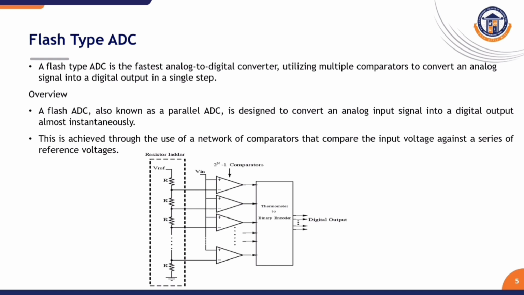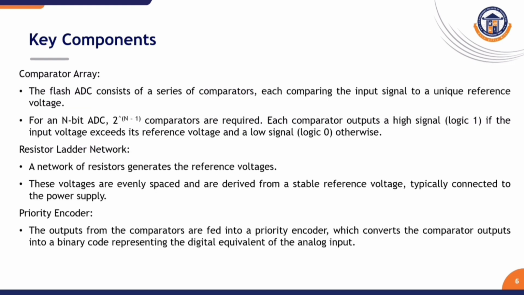As a result, the conversion is almost instantaneous, usually within nanoseconds. Here we have the main components of a flash type ADC: resistance ladder, comparators, binary encoder as well as the digital output. In the upcoming slides, we'll discuss the key components of a flash type ADC one by one.